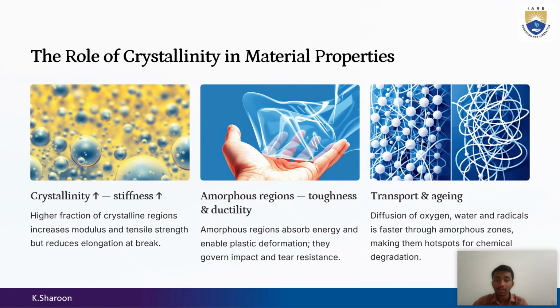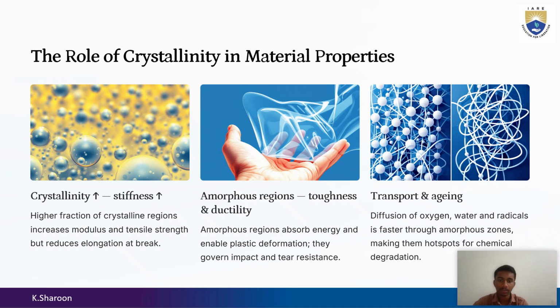The role of crystallinity in material properties. Crystallinity means stiffness. A higher fraction of crystalline regions increases modulus and tensile strength, but reduces elongation at break. Amorphous regions give toughness and ductility.